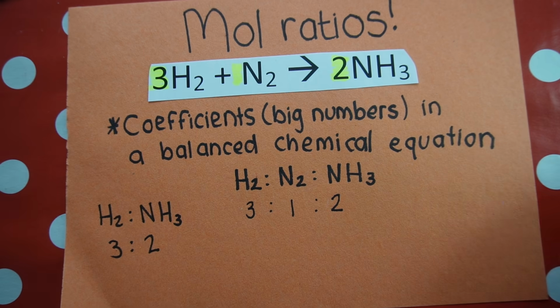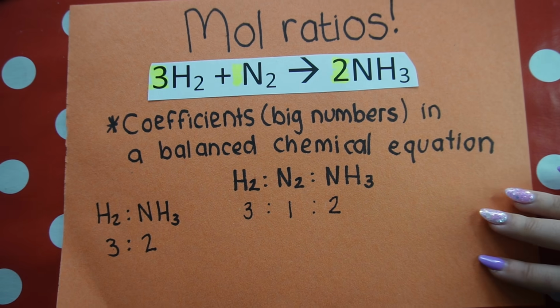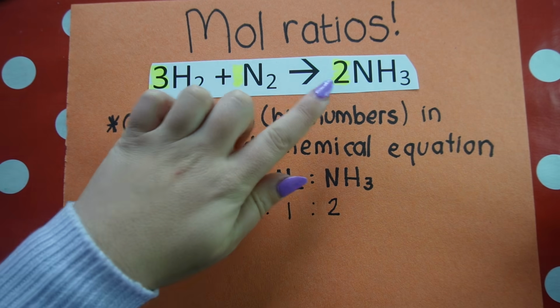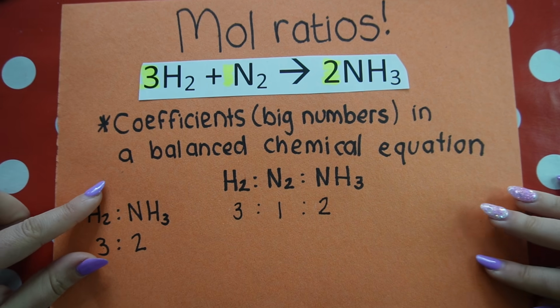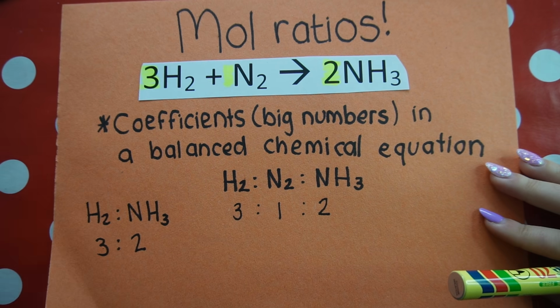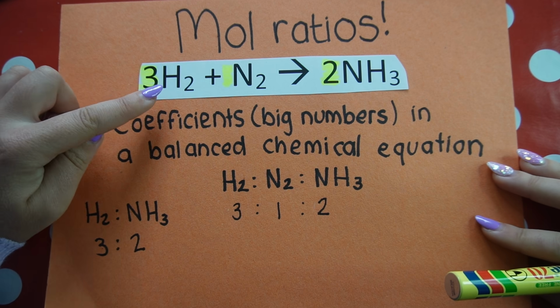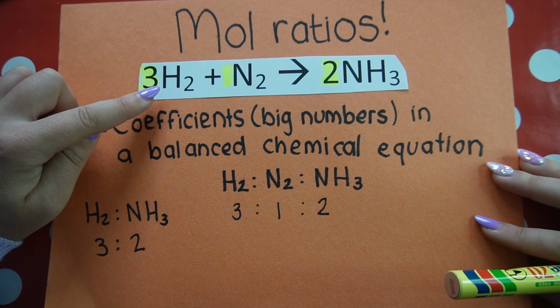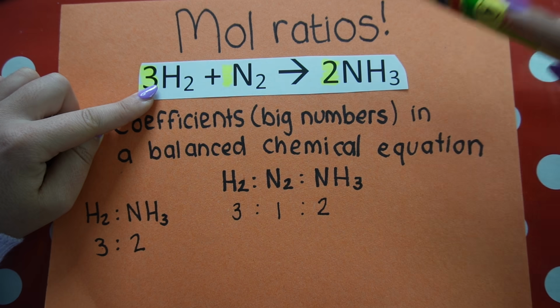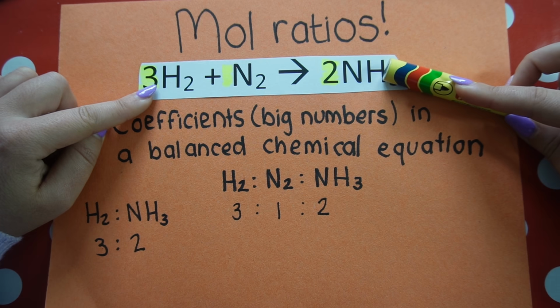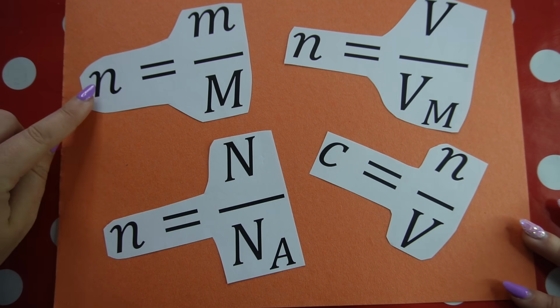Now these mole ratios are very, very important because often we give you information about one of the reactants or even the product, and we ask you to work across this chemical equation to work out the number of moles of something else. So for example, if I tell you that I have 10 moles of hydrogen that reacts, and I want you to calculate the number of moles of ammonia that is produced, but I give you no other information, you can't use any of the other formulae.